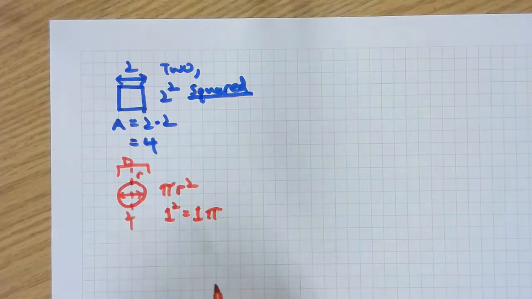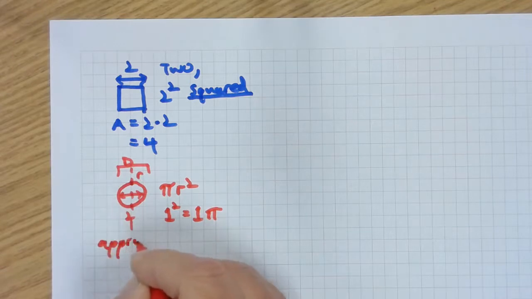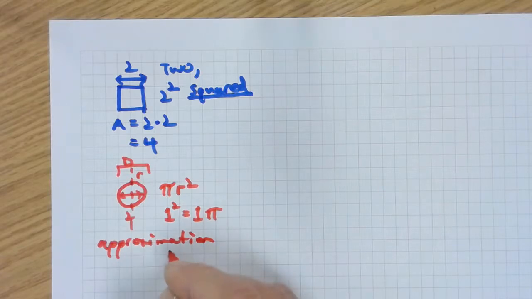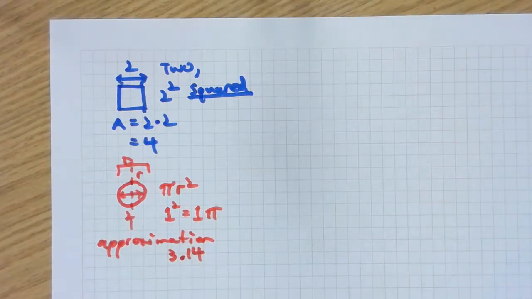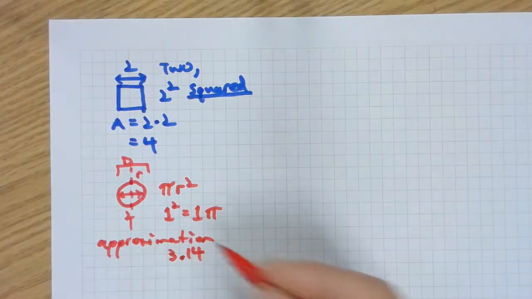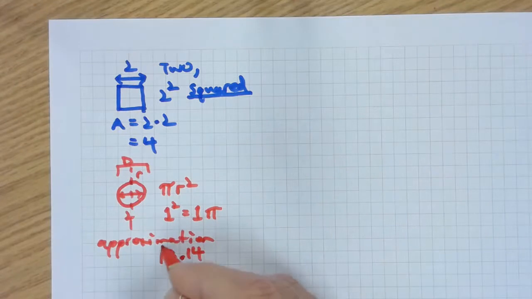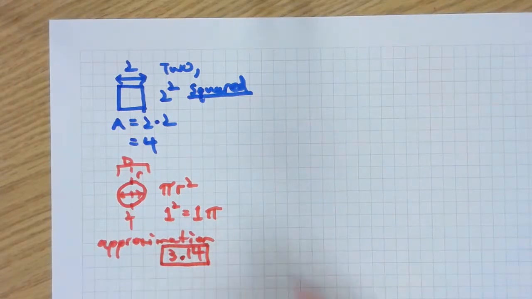But let's quantify this. Most people use a common approximation of pi as 3.14. That happens on standardized tests and whatnot. If you're approximating and having a multiple choice answer, then that's going to be your choice there.